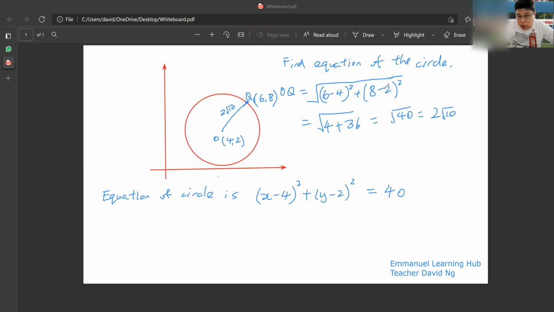This one is the equation, to find the length, the radius. Oh, okay. So once I have the radius, then I can put it as the equation of the circle. That means, in other words, you need the radius to find the equation of the circle. Okay.